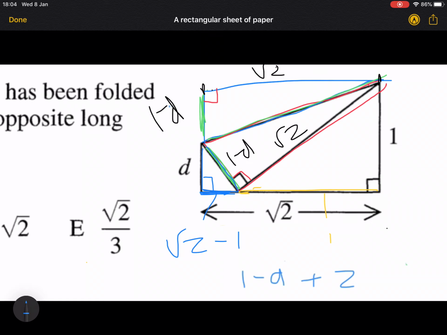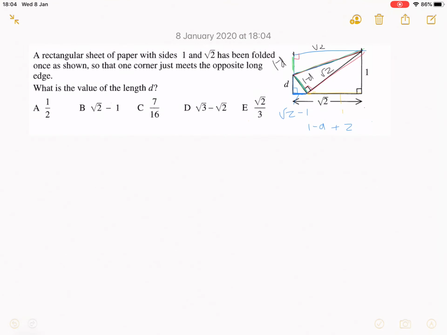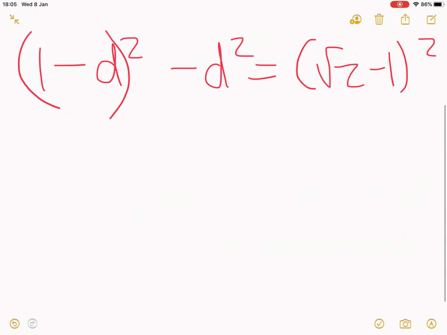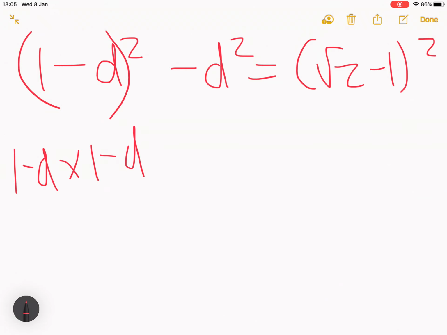We can use Pythagoras theorem to solve for D. So we have (1 minus D) squared minus D squared equals (root 2 minus 1) squared. That is our equation that we need to solve. First of all, we can work out (1 minus D) squared, which is the equivalent of 1 minus D times 1 minus D. So 1 times 1 is 1, minus D times 1 is minus D, 1 times minus D again is minus D, and then minus D times minus D is plus D squared.